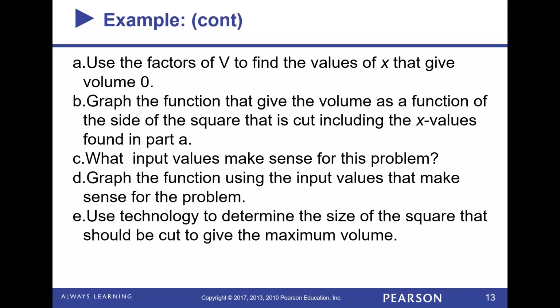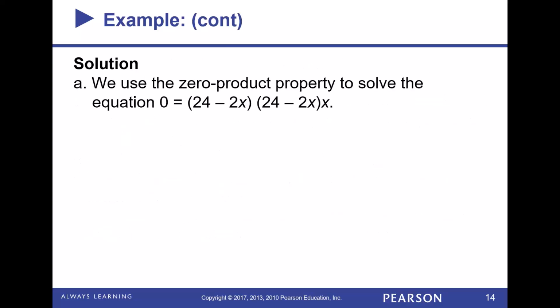Okay, we're also going to graph it. We're going to give the volume as a function and look at all the different things, what values x could possibly be, what input values make sense for this problem, and then we're going to graph it and maybe determine what would give the maximum volume for us.